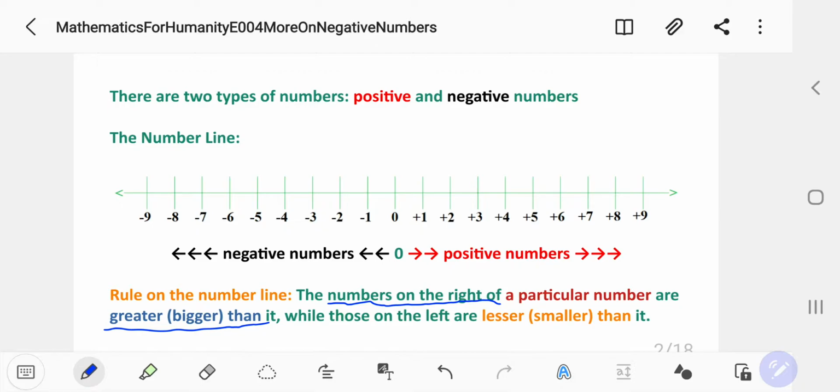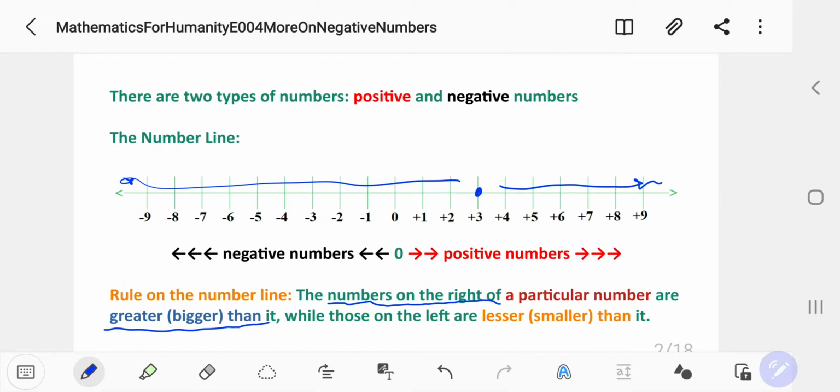So for example, we take the number 3. All of the numbers on the right are greater than 3, while the numbers going to the left are less than 3.